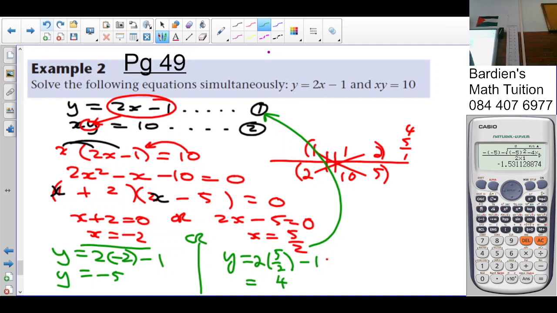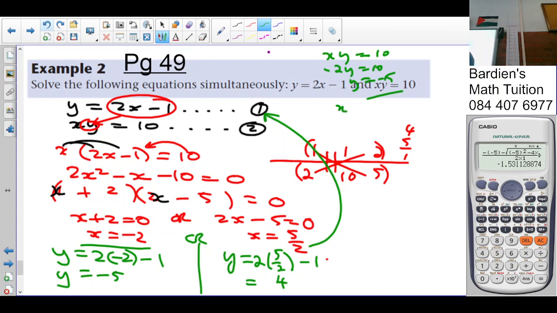If we use equation 2, xy is equal to 10, so negative 2y is equal to 10, divided by negative 2 is negative 4. Which is the same answer.